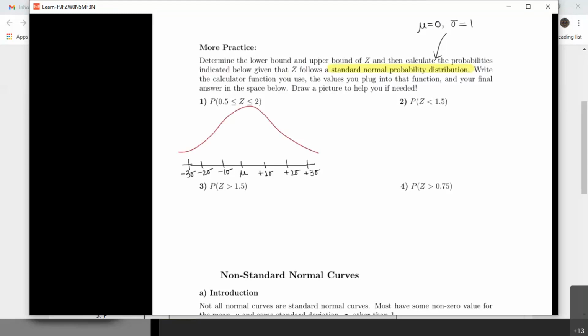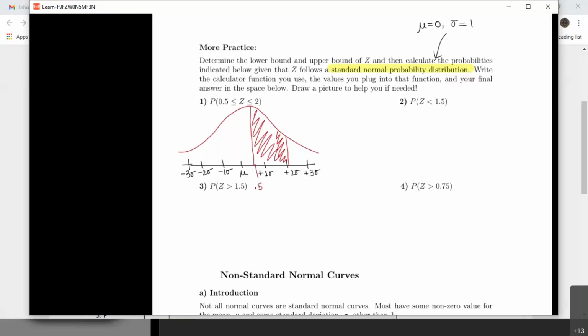Basically you're interested in what percent of the distribution is between 0.5, which would be about here, and 2. That's 1.5, my bad. So let's move it over. 0.5 is here, and 2. So you can see it's a fair chunk.